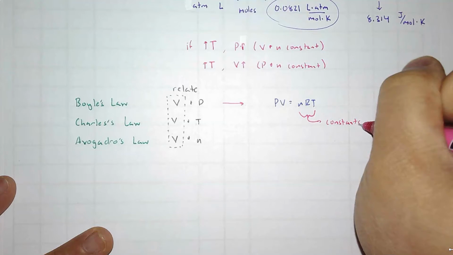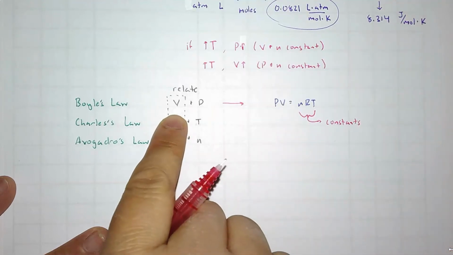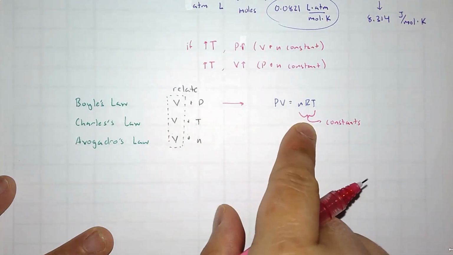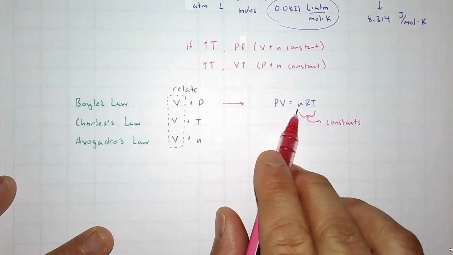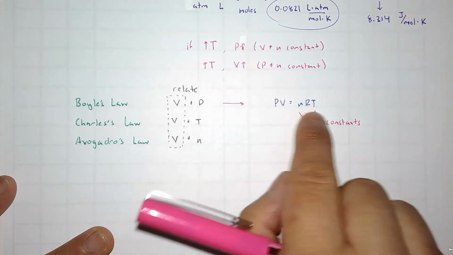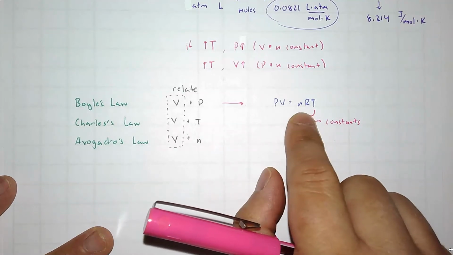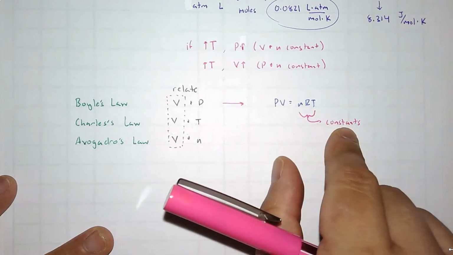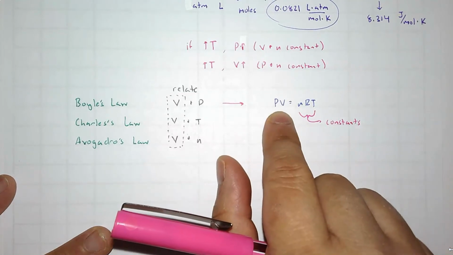Why? Because if you're relating volume and pressure, you're assuming that all the other variables are constant. So at constant amount and at constant temperature, these terms on the right are all constants, and when you multiply them, they're constants. But these are the variables.